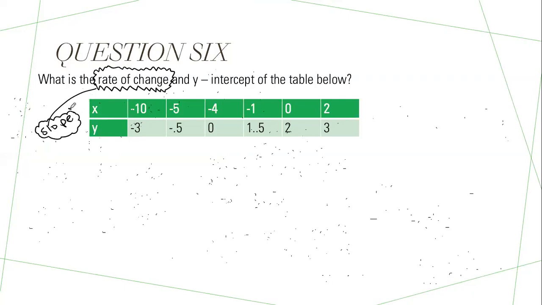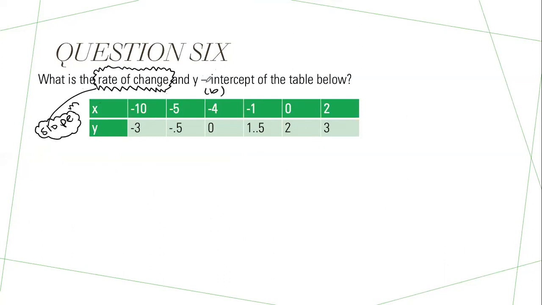So we need to find our m and we need to find our b. So we're going to do y2 minus y1 over x2 minus x1. I want you to notice on this table all these negatives and these decimals.